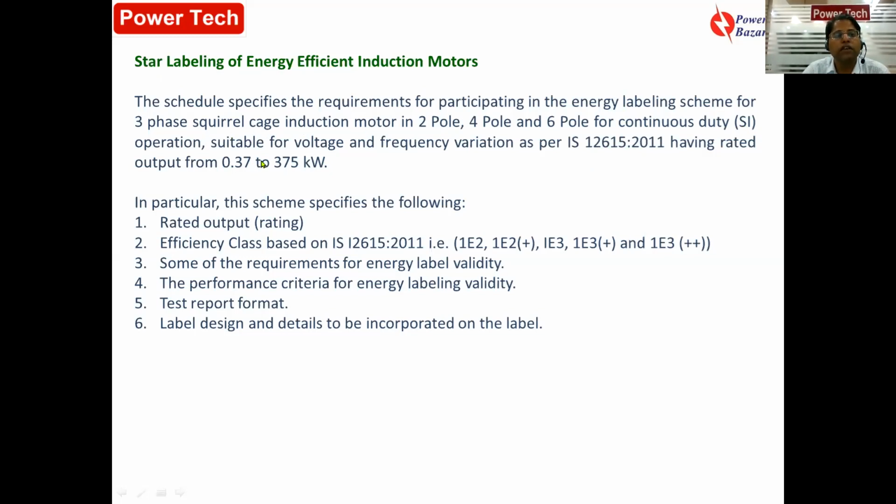These motors can be labeled under the star labeling program of induction motors. Based on rated output, efficiency has been defined, and the performance criteria for energy labeling validity is also mentioned.